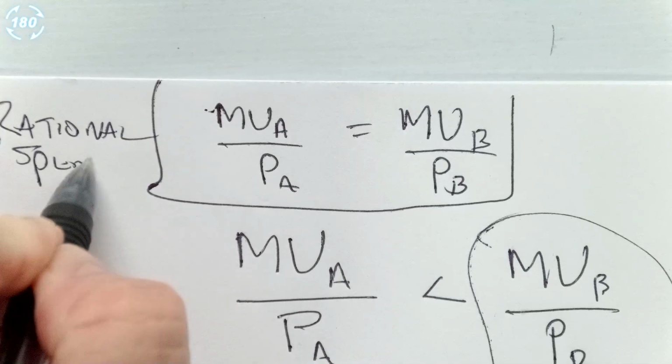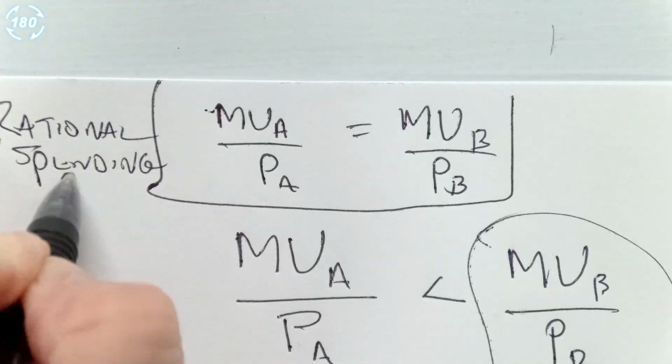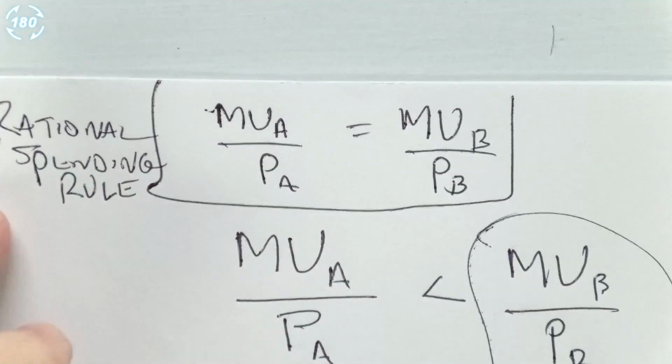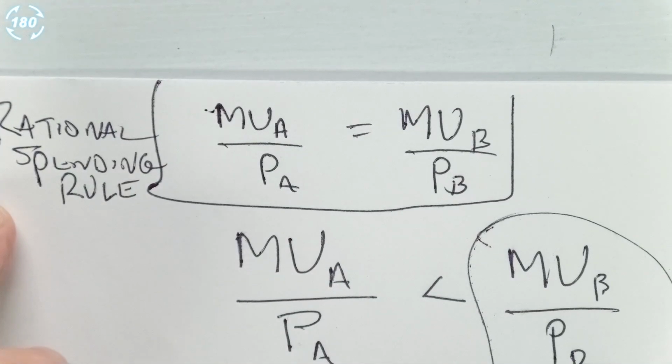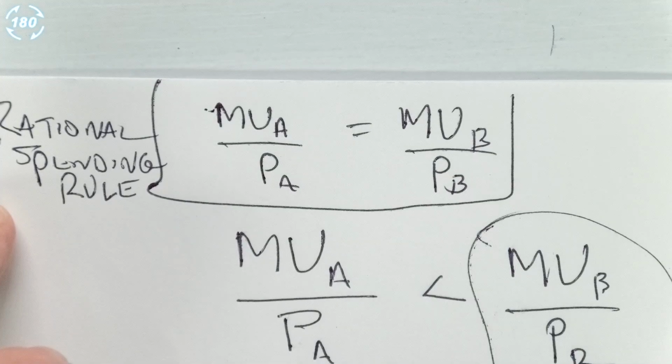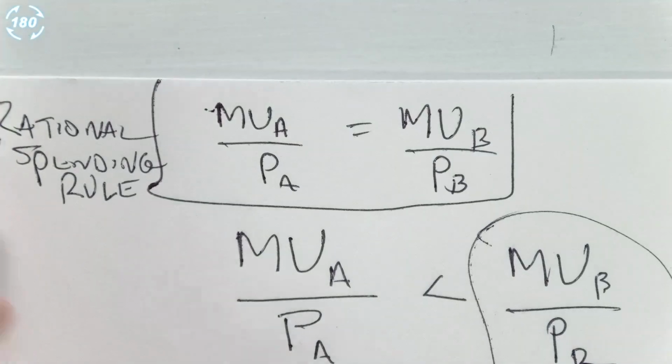Rational spending rule, because a rational person is not just willy-nilly saying, I'm going to buy some apples, and maybe you hate apples, you'd rather have oranges, but I just buy apples. Okay, a rational person's always going to act in their self-interest, economically speaking.